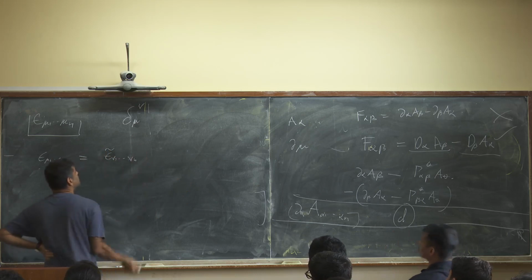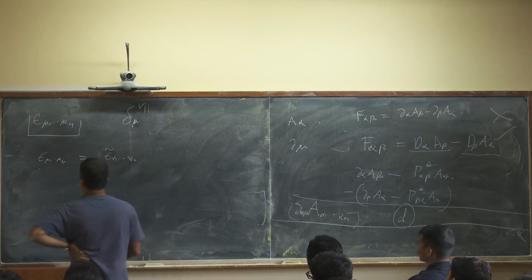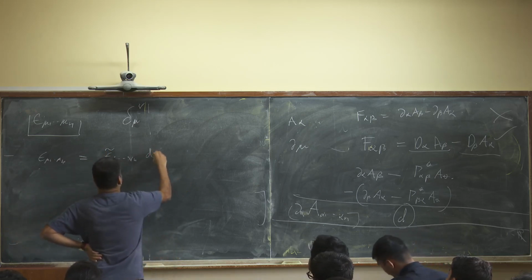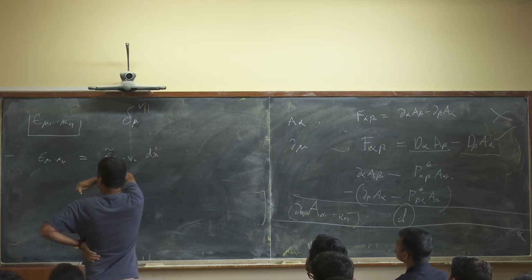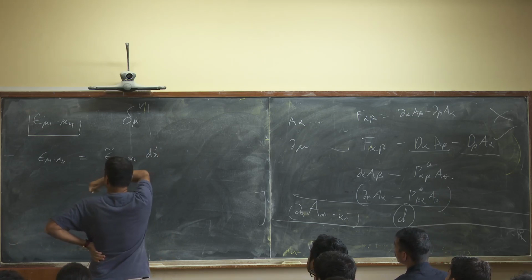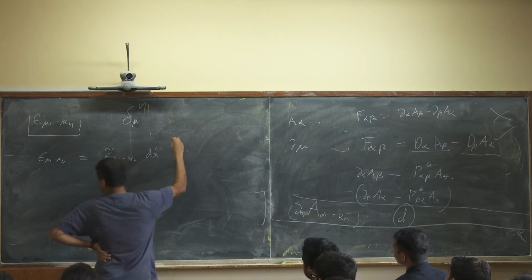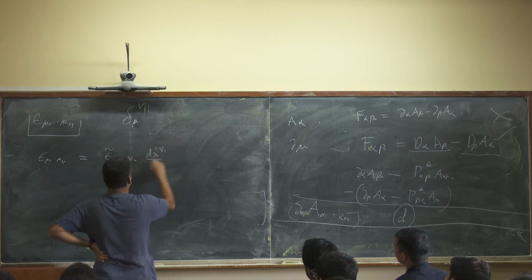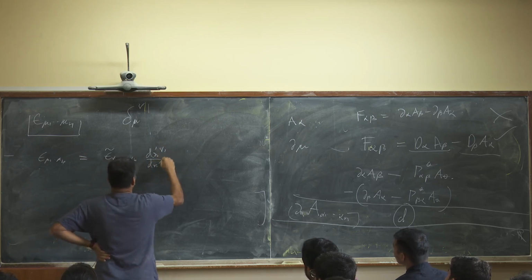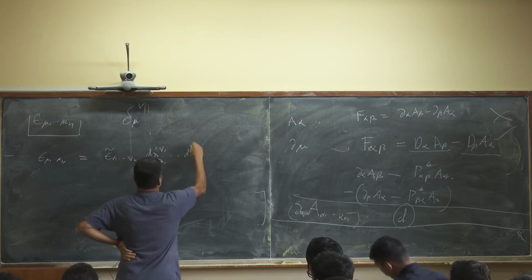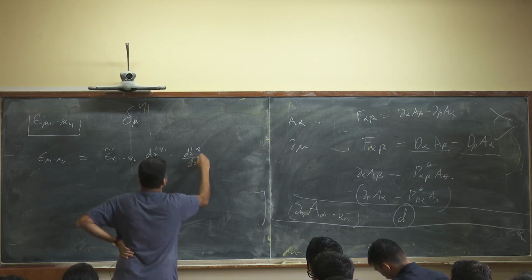Nu1 to nu4, dx prime mu 1 by dx mu 1 ... dx prime mu 4 by dx mu 4.